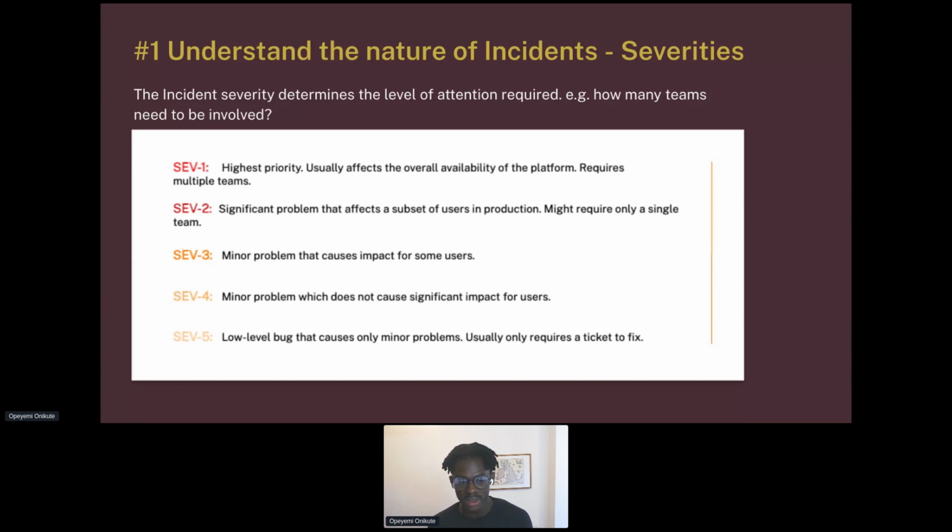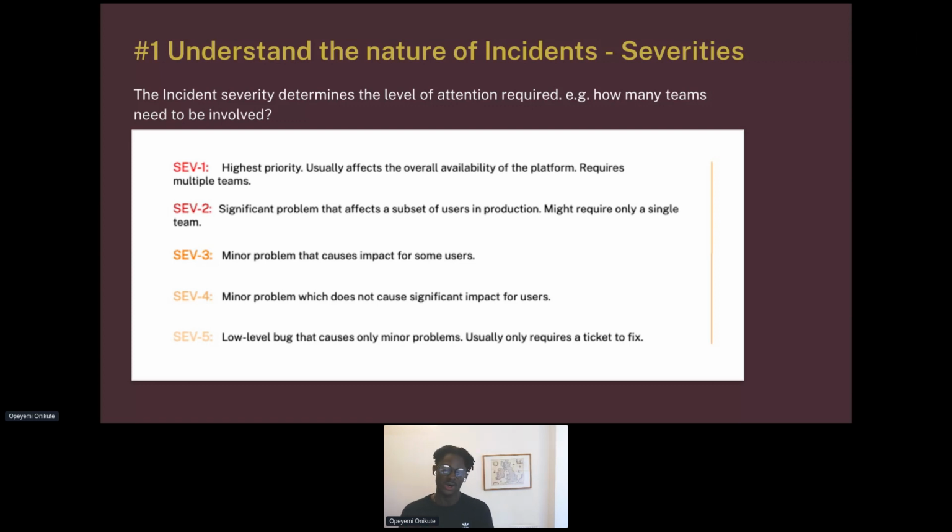Level 2 is also a significant problem, but it only affects a subset of users in production. This might require only a single team. An example is a company with multiple products, like Cloudflare. One of those products goes down. It usually requires only the team responsible for that product to resolve the incident.